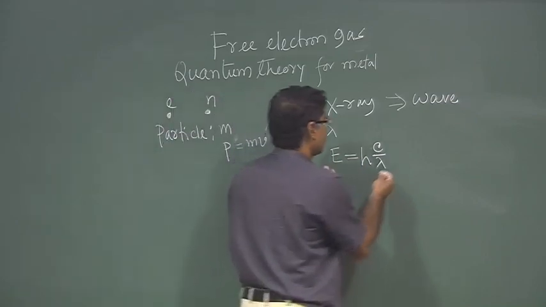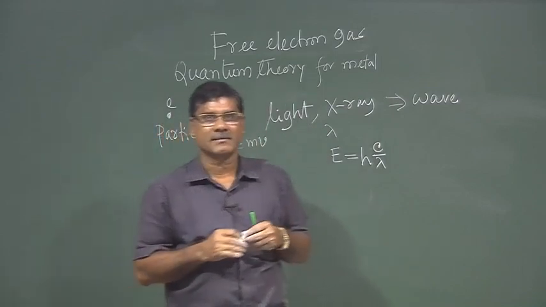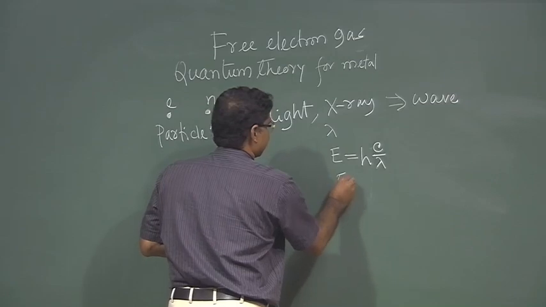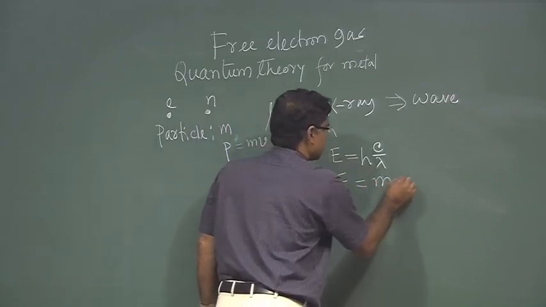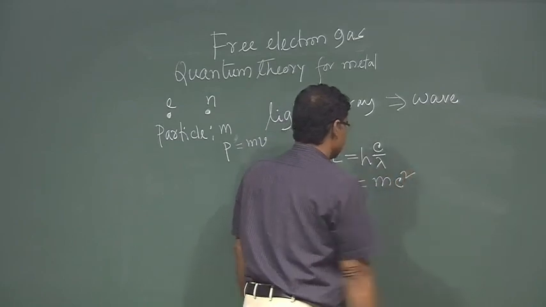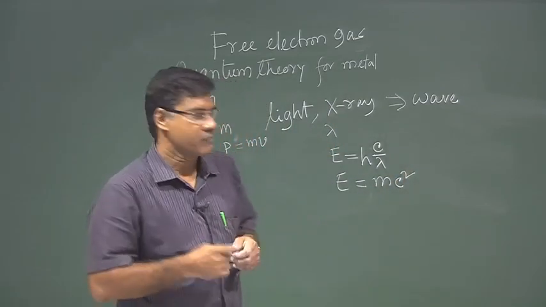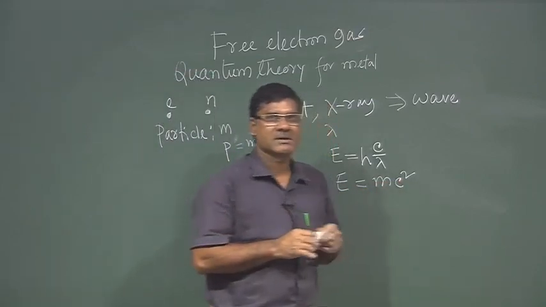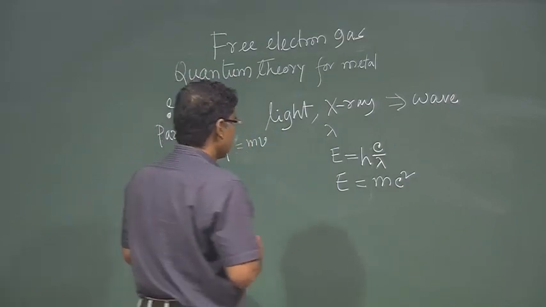And from Einstein's mass-energy relation, E equal to m c square. If any particle is moving with light velocity c, its energy will be m c square.